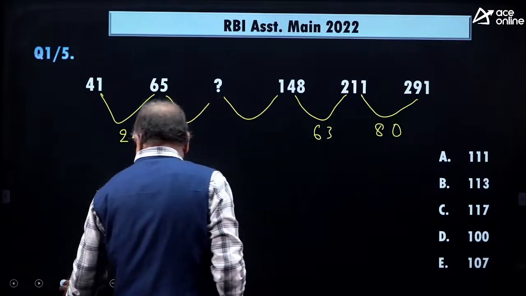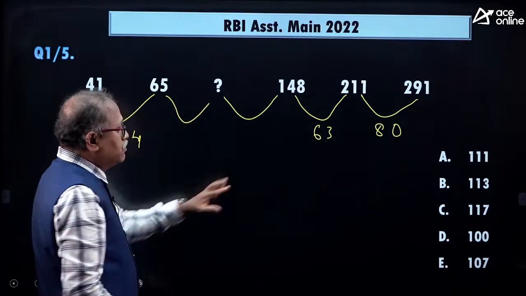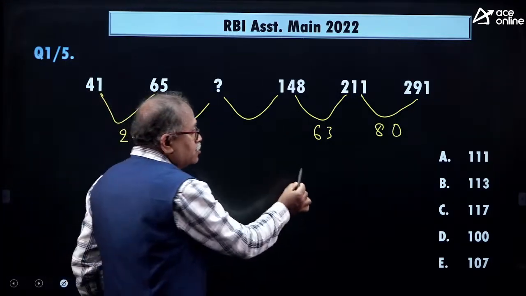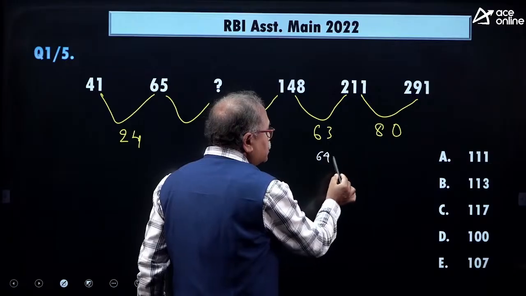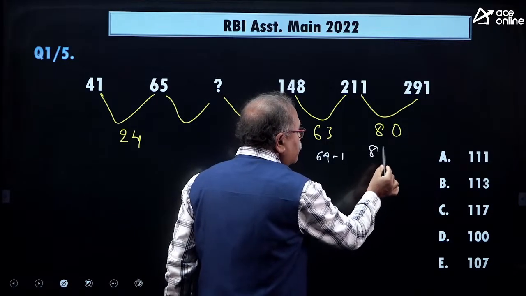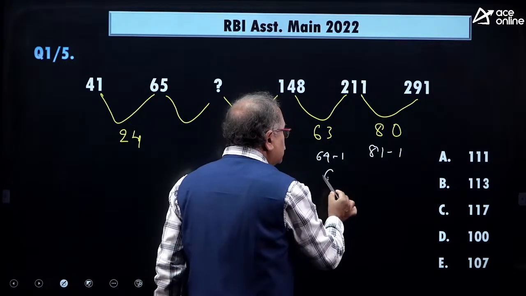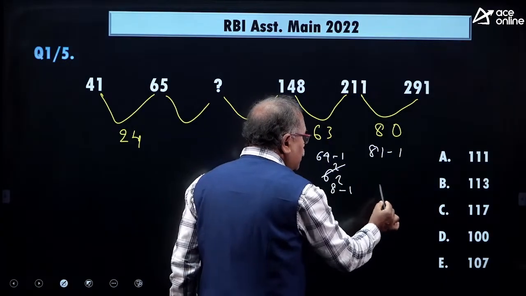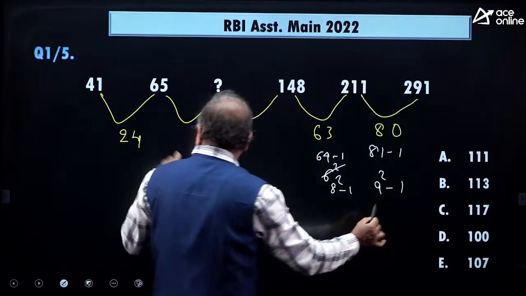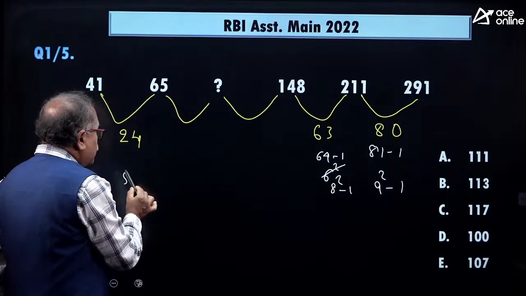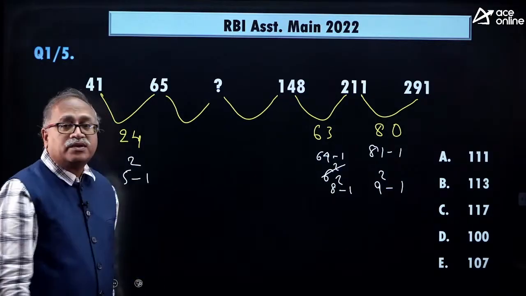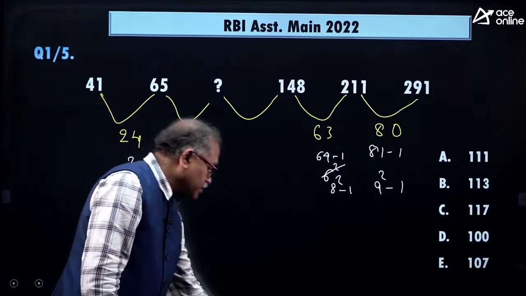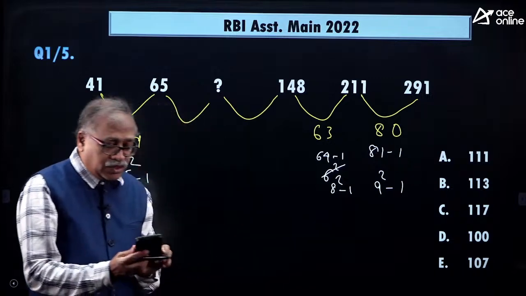So what I notice is, the moment I wrote this number, it struck me that this is 64 minus 1. This is 81 minus 1. That means 8 square minus 1, and this is 9 square minus 1. So this number I can see is 5 square minus 1. Now you answer the question. That's how we answer the question here.